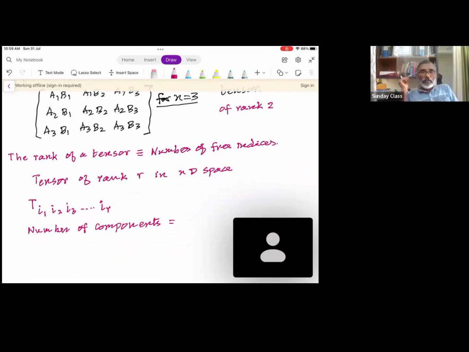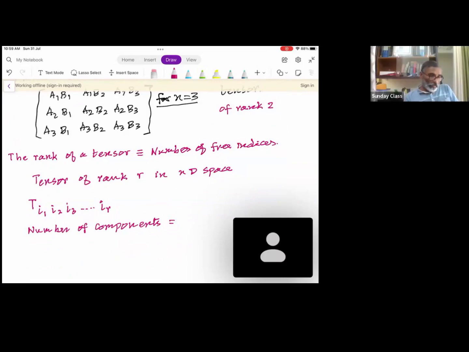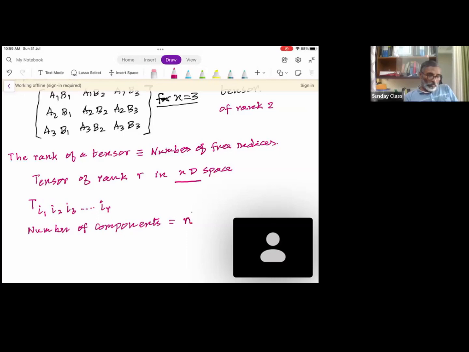What was your answer? 3 to the power R. Why 3? Sir, in the above case, we have 9 components, that is 3 to the power 2. Correct. But I did not say it is 3-dimensional space, I said it is n-dimensional space. N to the power R, sir. So that is equal to n to the power R.